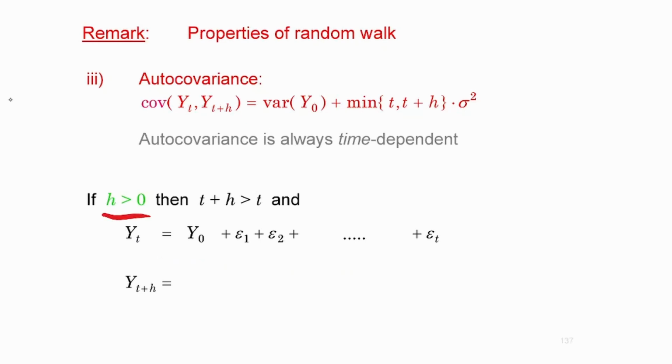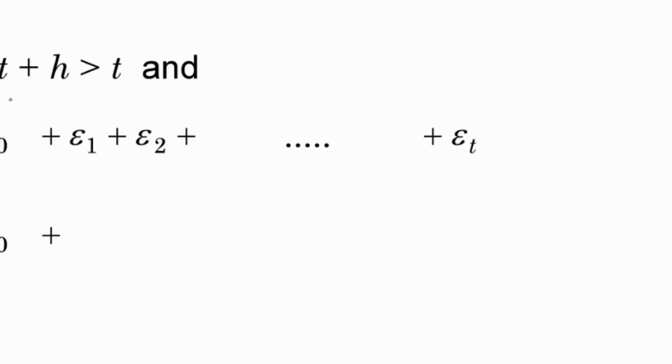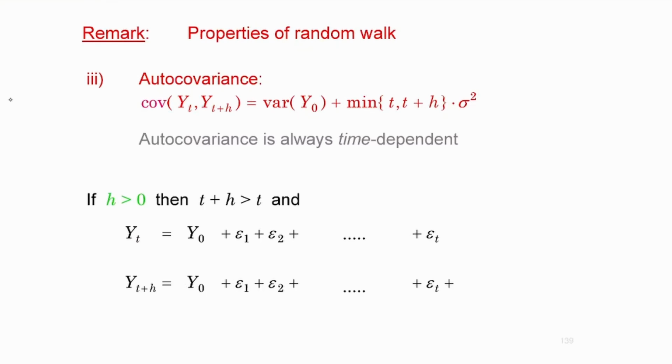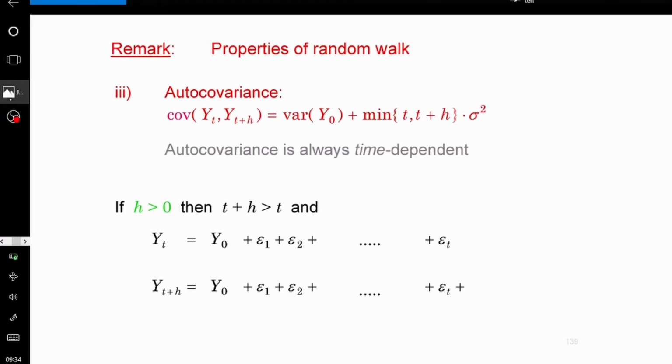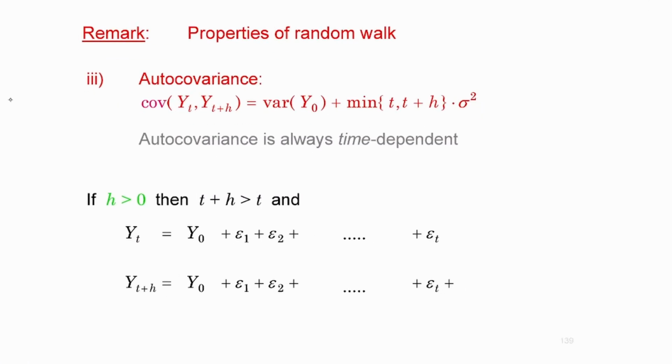If you go further into the future, t plus h is going to be greater than t, obviously, because h is greater than 0. So you go to time step t, this is where you are, but you don't stop. You go further to time point t plus h, because it's further in the future of the process.